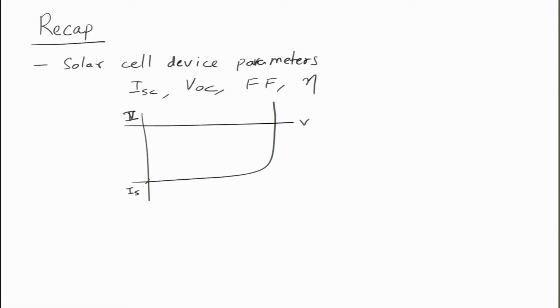So, the current at 0 voltage is the short circuit current, and the voltage at which current is 0 is the open circuit voltage. Within this curve there is a rectangle that you can draw which corresponds to the maximum power point, and this comes from d(JV)/dV.